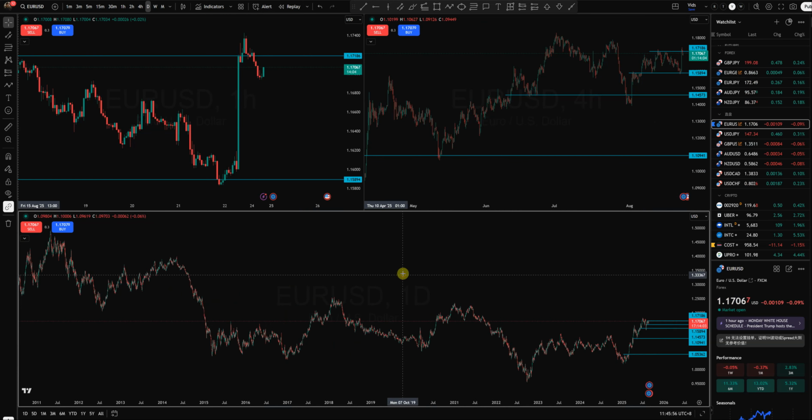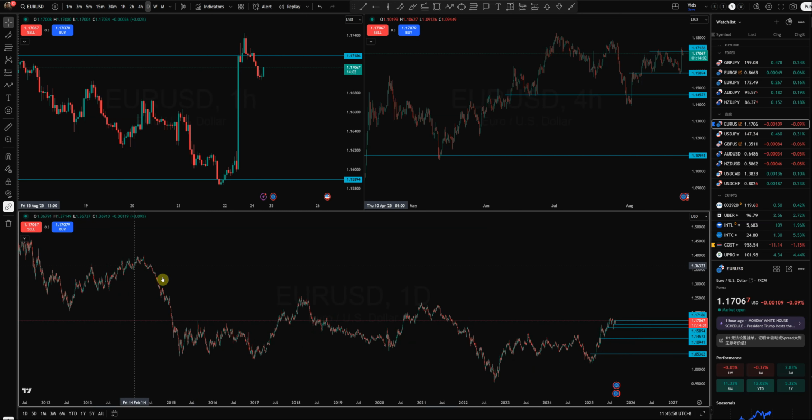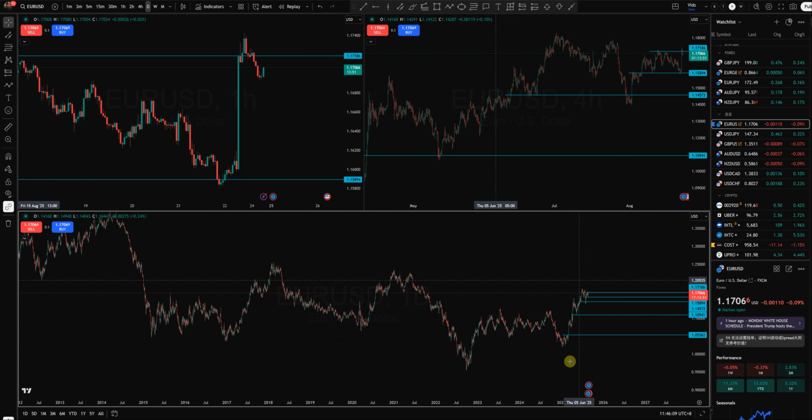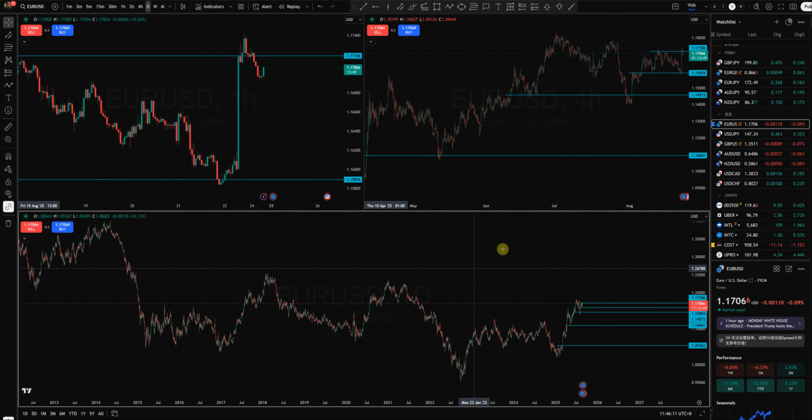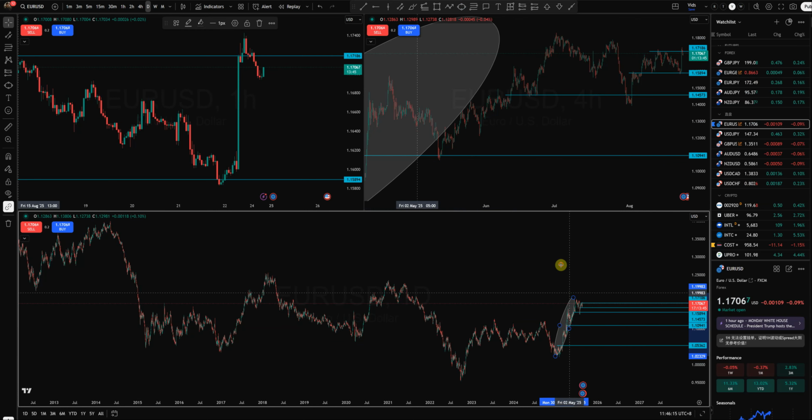Now we can see the whole chart has been giving us lower lows, right? So clearly previously it's a downtrend until this momentum happened. If this happens, then we can slightly change our opinion. Not fully, but slightly.